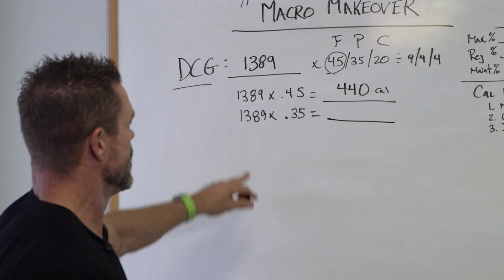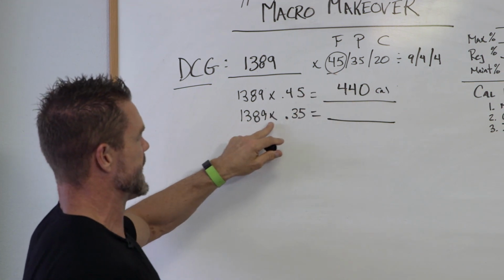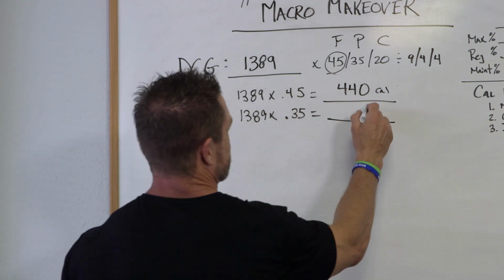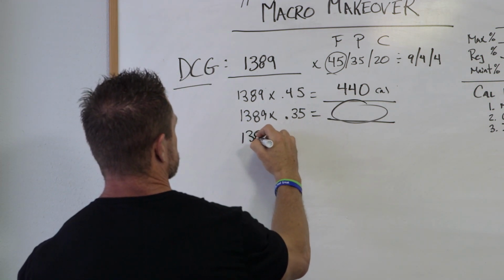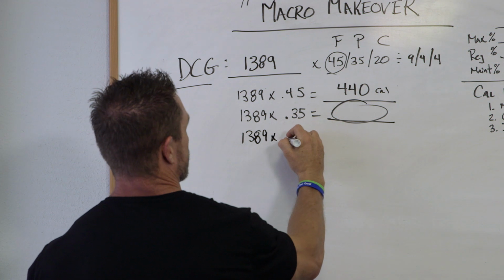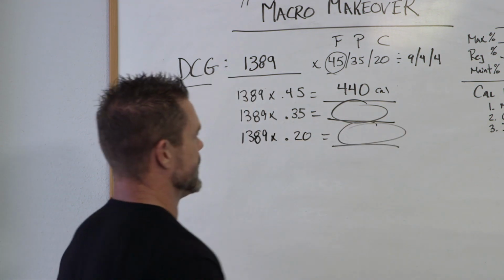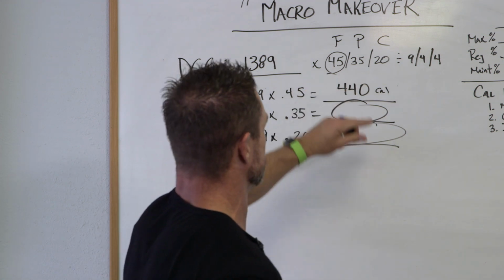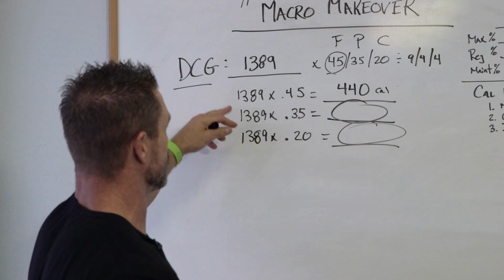So it doesn't matter. Do the math. So we're doing this: 1389 times 0.35. Get that number there. And then same for carbohydrates. 1389 times 0.20 equals this number. And then that's going to give you your caloric breakdown for each day of the program.